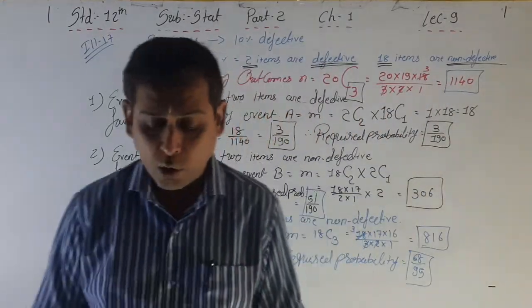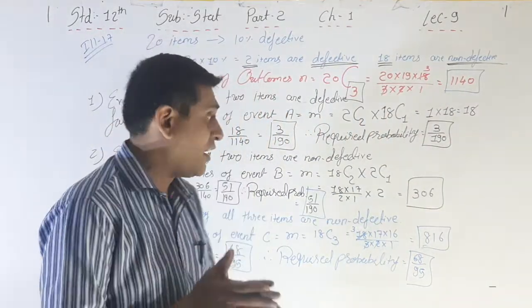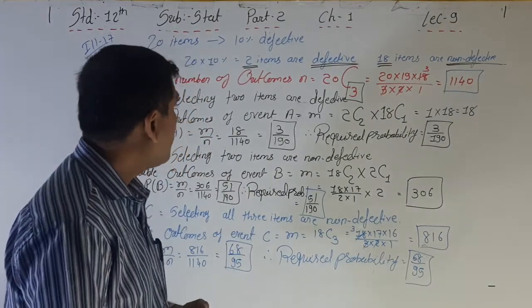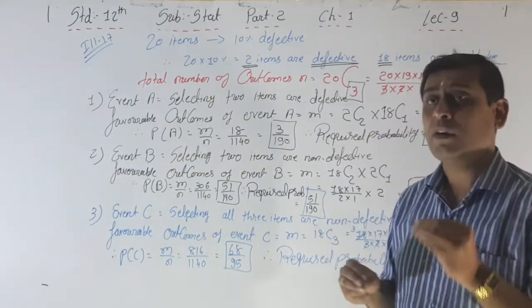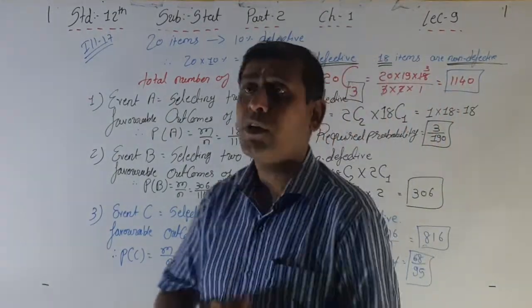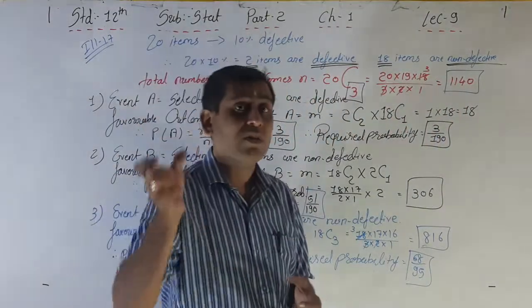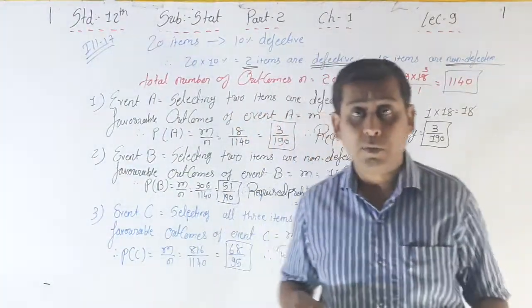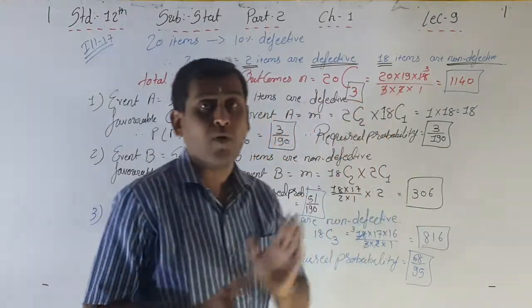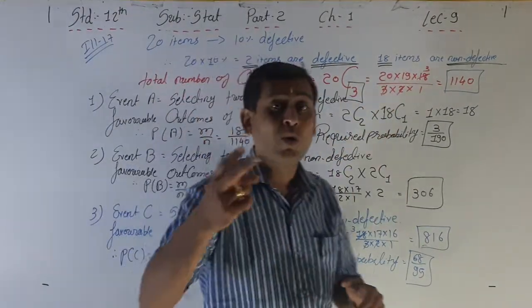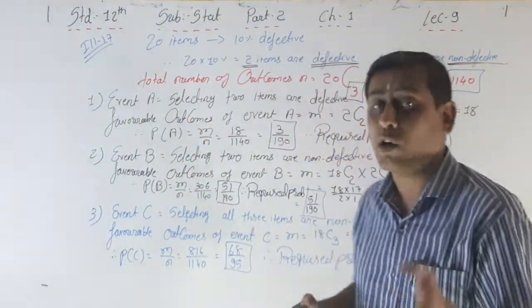So here illustration number 17 is also over. It is somewhat difficult because the style of the question is changed, as the question comes with a twist. Three items are selected in the total number of outcomes, and then in the event two items are selected.